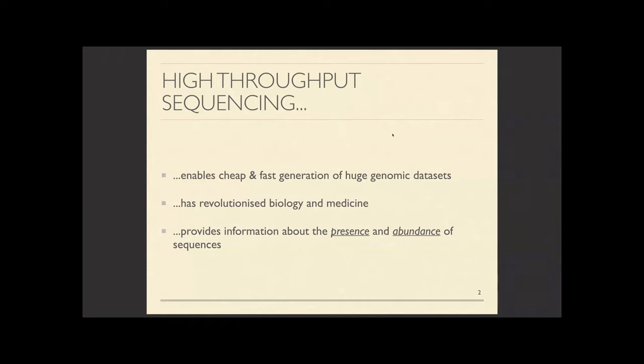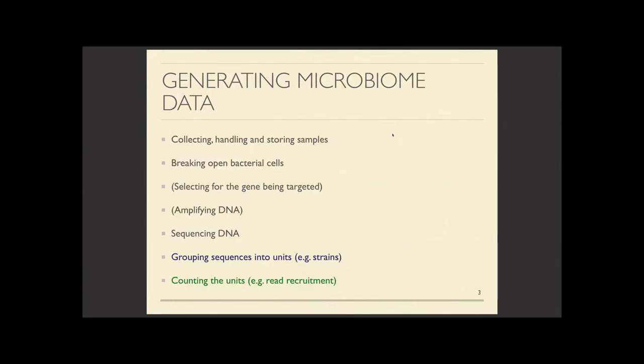And I'm going to be focusing on essentially the step that comes after we've figured out who is there and we start to quantify their abundance through all of the rich information that high-throughput sequencing data provides us with.